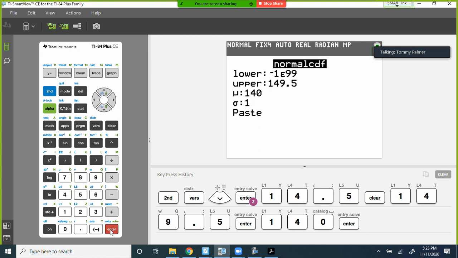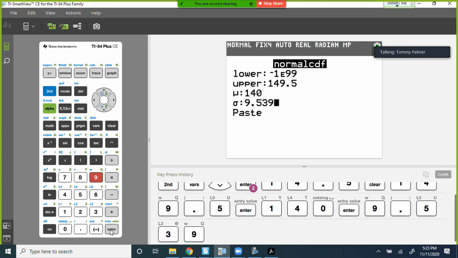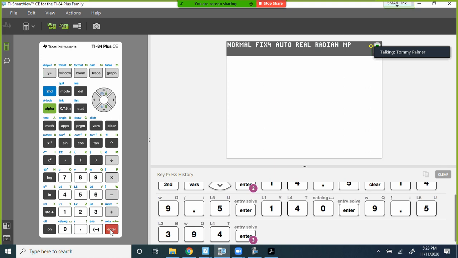And then standard deviation for this one happened to be 9.5394, right? Yep. Now enter, paste, and then enter. And it comes out to 0.8403. Okay. So it's a lot easier to just calculate the mean, calculate the standard deviation, and then use the normal cumulative distribution function to find the area underneath it, right?